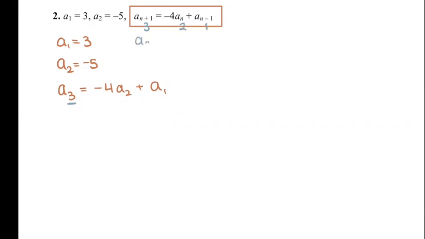So that becomes a sub 3 is equal to -4 a sub 2 plus a sub 1. You can think of it like that if that's easier. From there we can start plugging in these values. So a sub 2 they give us is -5, and a sub 1 is 3. So that gets me 23.